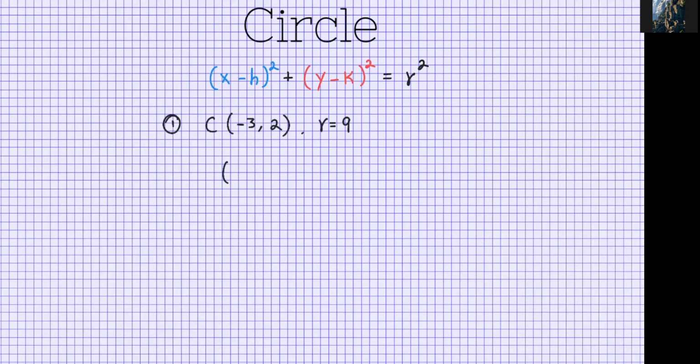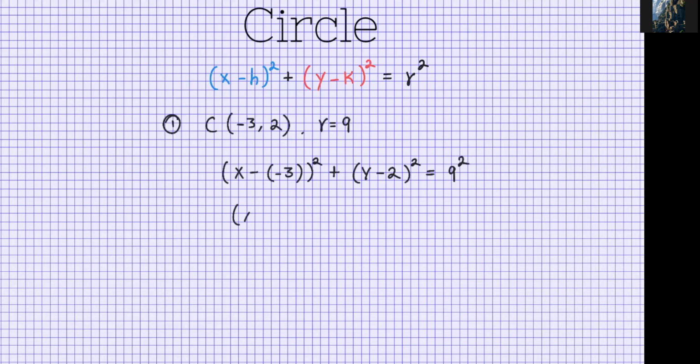So we begin with x minus -3, and this will be squared, plus y minus 2, this will be squared as well. And then the radius, which is 9, will be squared.